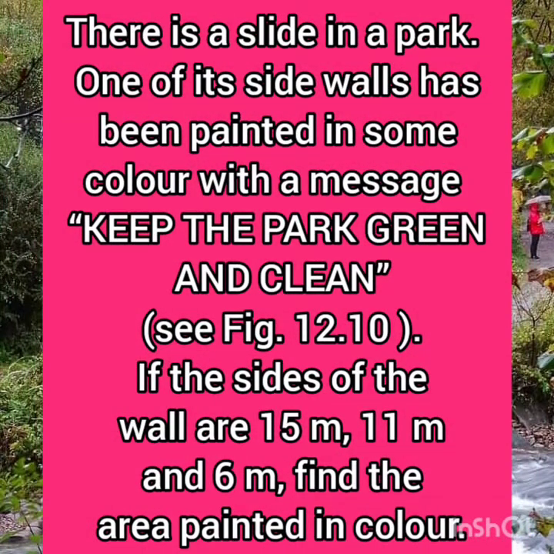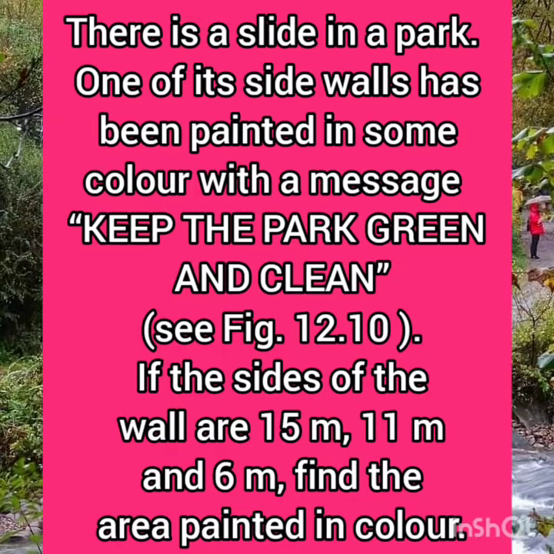So, my dear student, in exercise 12.1, question number 3 is on your screen. There is a slide in a park. One of its slide walls has been painted in blue color with a message, keep the park green and clean. If the sides of the wall are 15 meter, 11 meter and 6 meter, find the area painted in blue color.